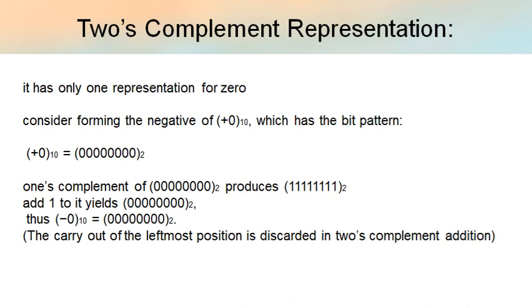This is the example for 2's complement representation, for the representation of 0. Consider forming the negative of plus 0 using 2's complement representation. Here plus 0 is equal to 00000, the binary equivalent of decimal 0. Its 1's complement produces 11111.